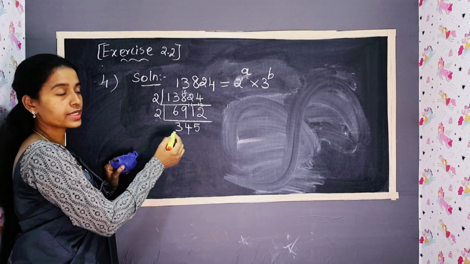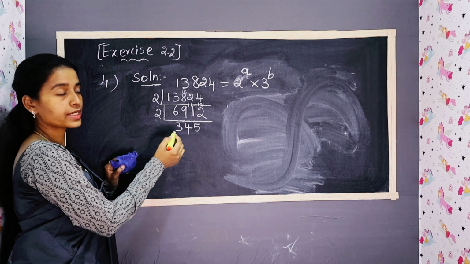Then the last digit is 6, so again I can check 2. If it is not getting divided completely, I can go for the next number. Now I can check 2. If I am dividing 3 by 2, I'll be getting 1, right? The remainder is 1, so 1 and 4, 14. If I am dividing 14 by 2, I'll be getting 7, right? And here 5.